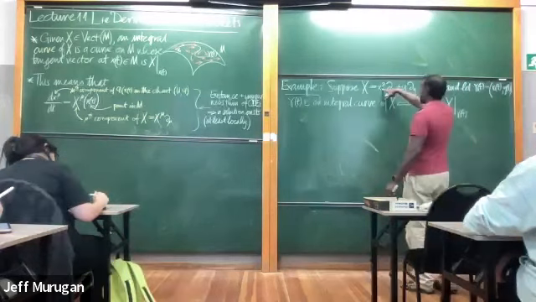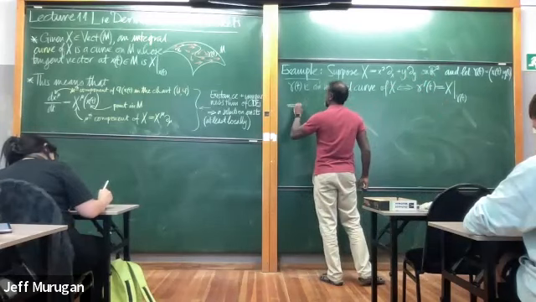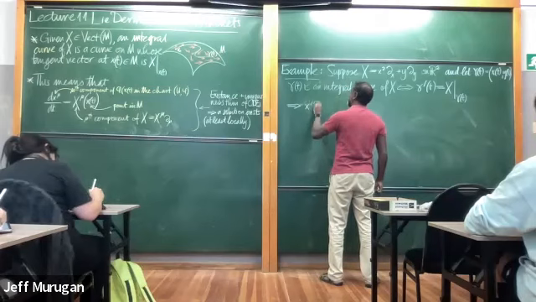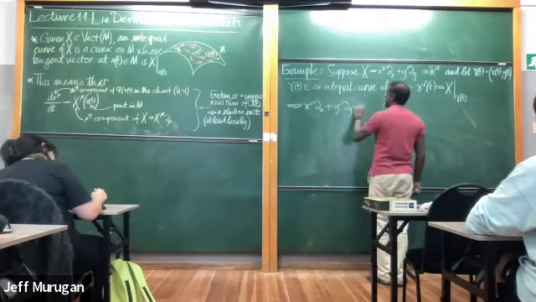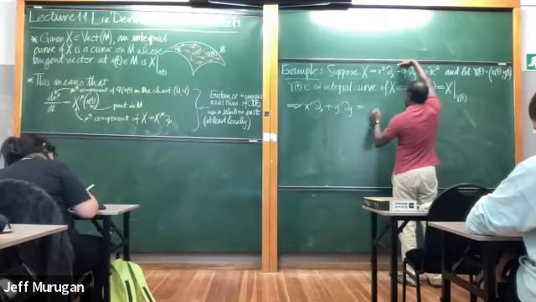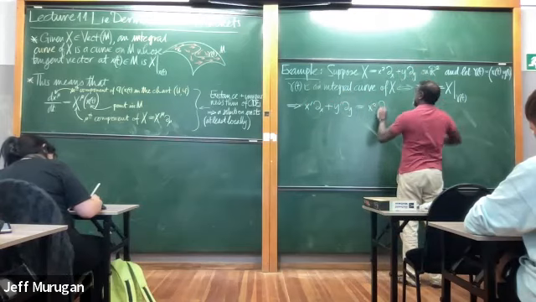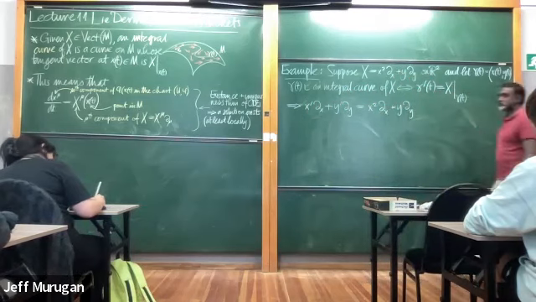If I differentiate, then I'll find that x prime, meaning dx by dt, times dx plus y prime times dy is equal to X evaluated there, which is x squared dx plus y dy.